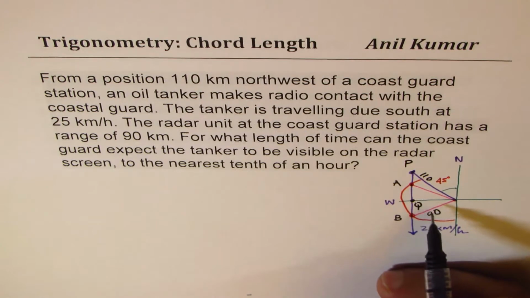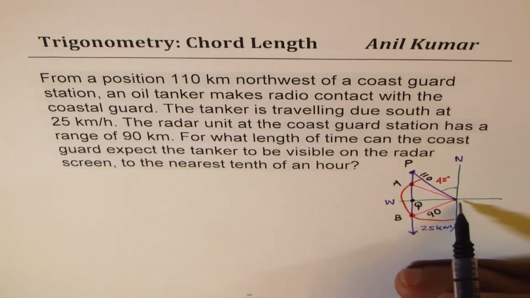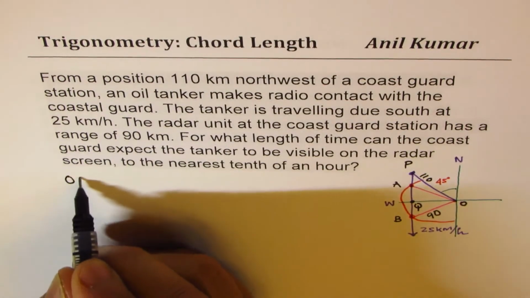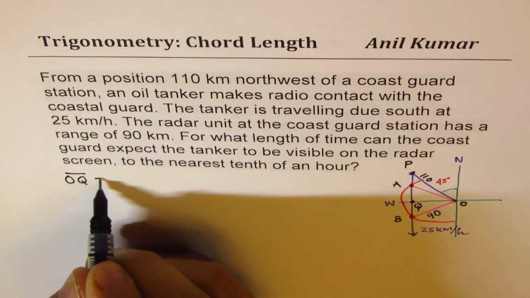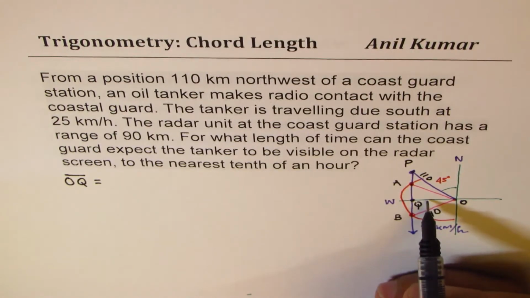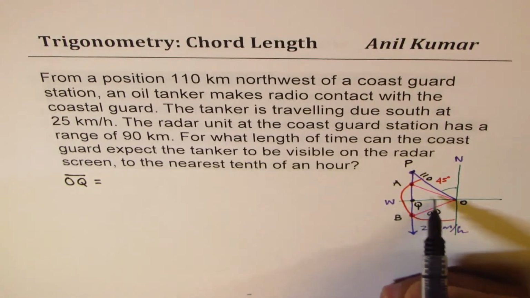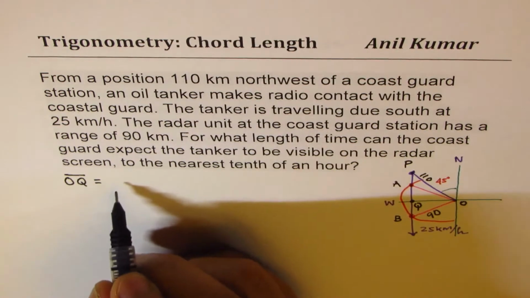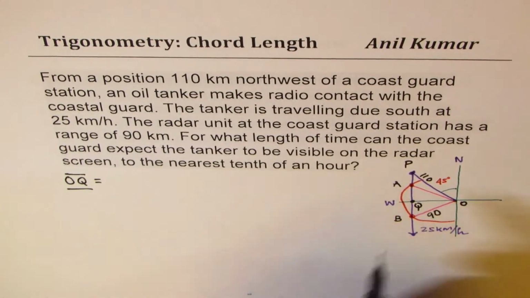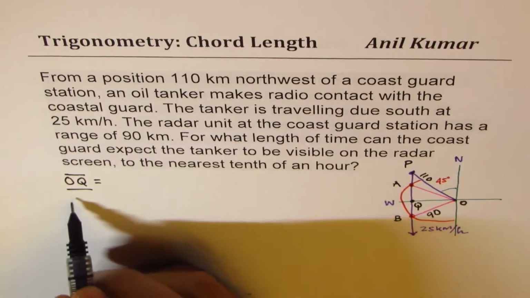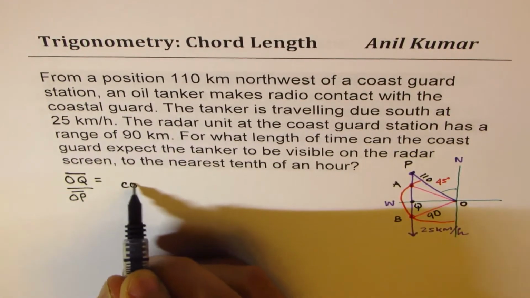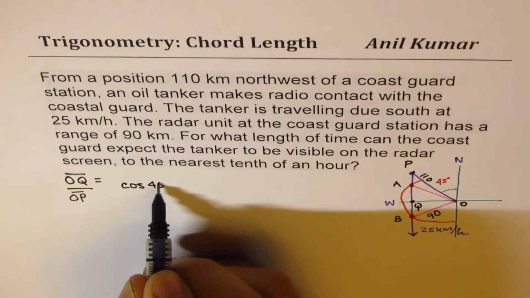Now, what is the distance from the origin to Q? Let's figure out this point. From origin to Q, we know this angle is 45 degrees. So to find OQ, we know OQ over OP is equal to cos of 45 degrees.